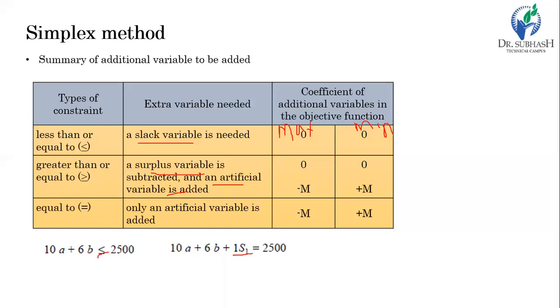And in this case, the surplus variable is added into the objective function with the 0 coefficient, in both cases, either maximization or minimization.